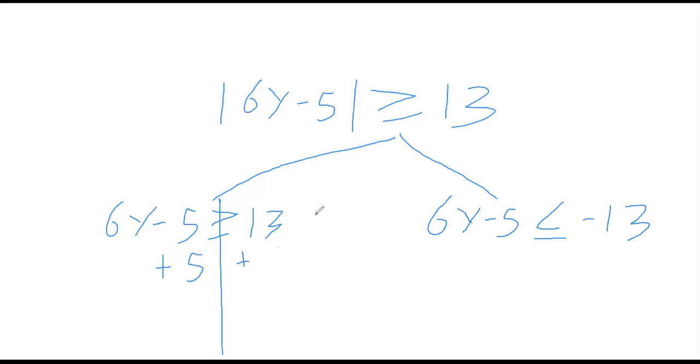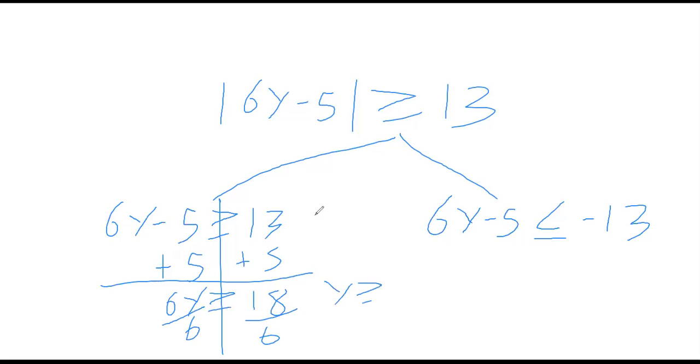So on both sides, we add 5. That should be 6y is greater than or equal to 18. And we're going to divide both sides by 6. So y is greater than or equal to 3. And then on the other side, same thing, we add 5.